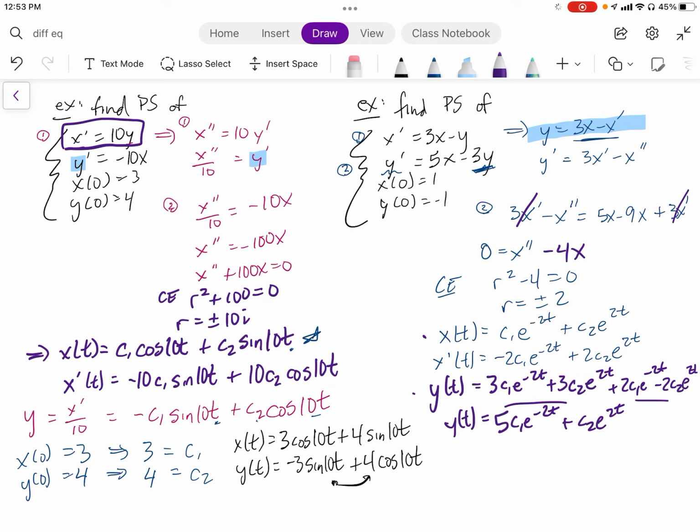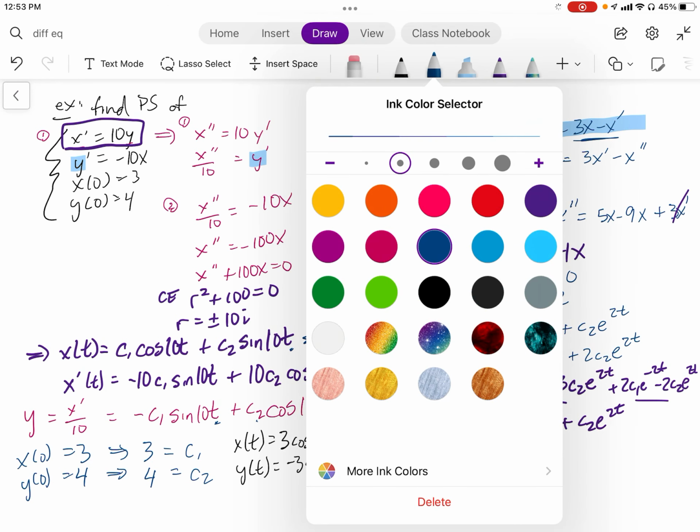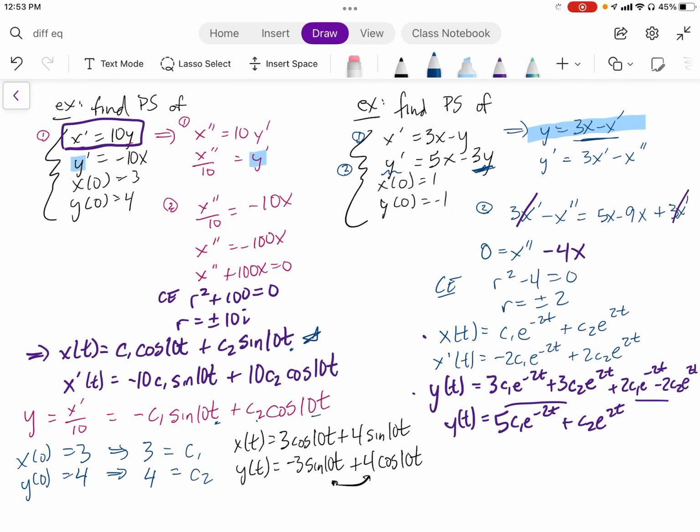Alrighty, almost done. Again, we're doing a particular solution, right? So find the c1 and c2 using our initial conditions. So x of 0 equals 1.